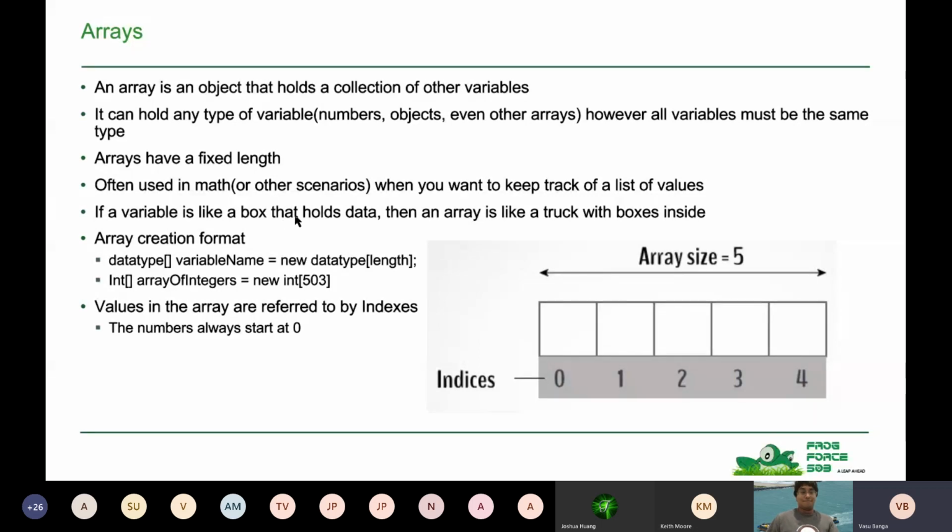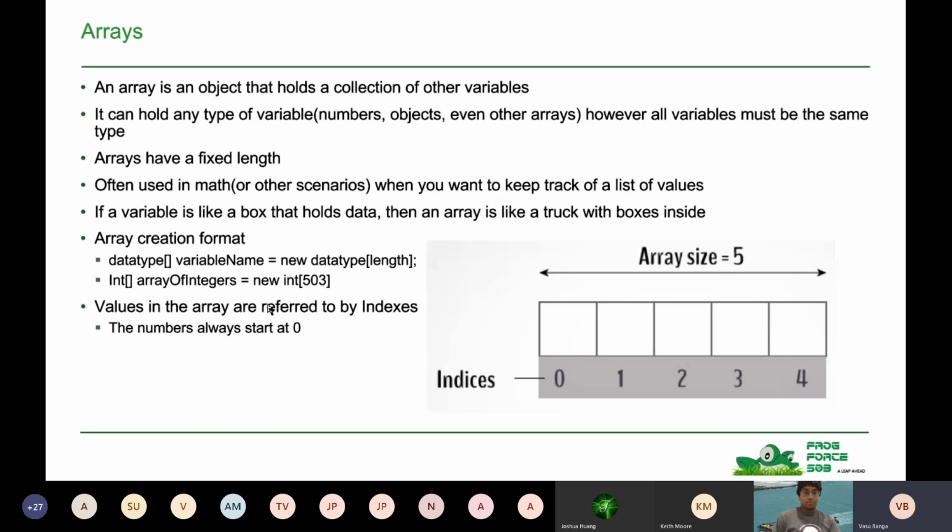Like if you look over here, data type, variable name equals new data type, length. That length decides exactly how many pieces of data you're going to store inside that array. And basically there's an example of it. We're going to get more into that in just a little bit.